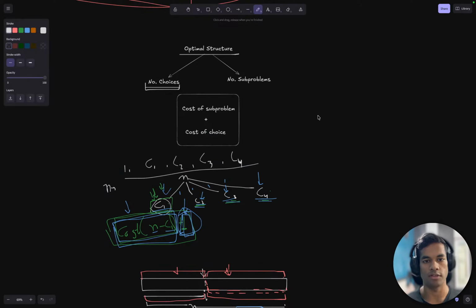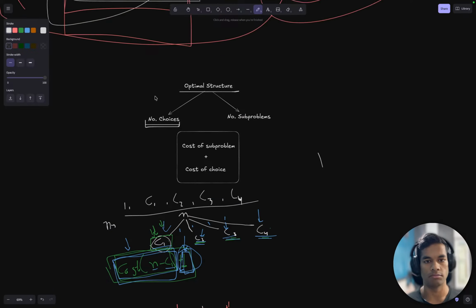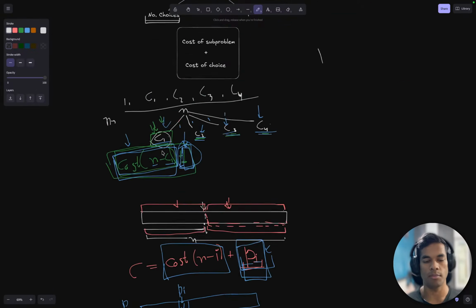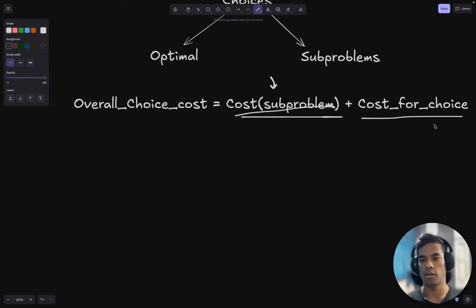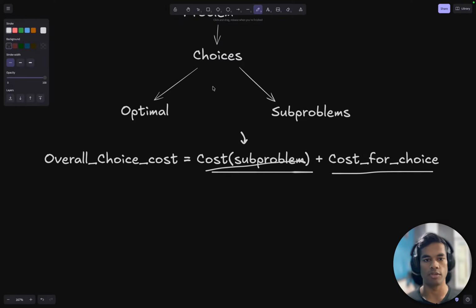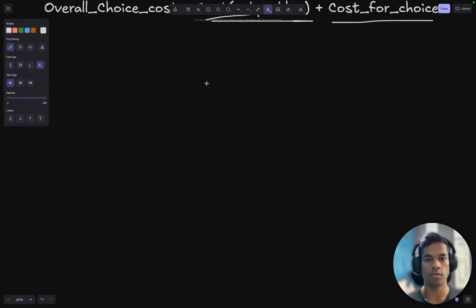The cost of choice is the same there, and in the other example, the rod cutting example, the cost for choice changes. So this is one of the things that we saw.